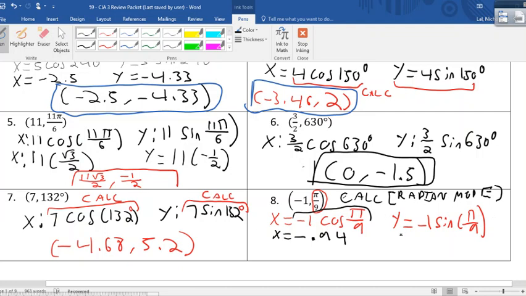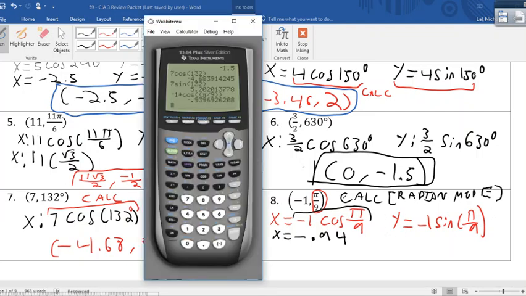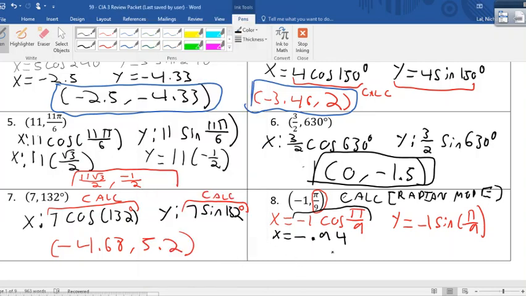All right, and then we are also going to get our y value. Our y value is going to be negative 1 times the sine of pi over 9, which is going to be negative 0.34.